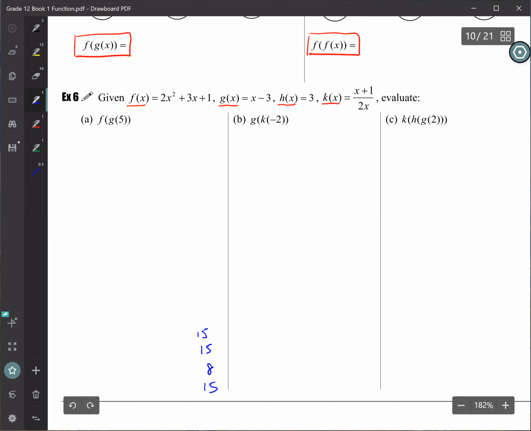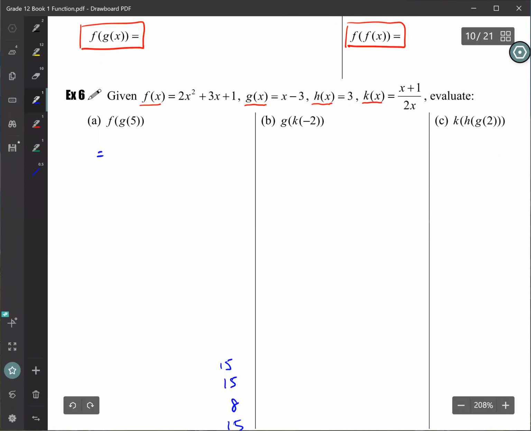So let's see, okay? We start with 5, right? 5 will go into the G first. So we can do it on the side. G of 5, so 5 minus 3, that will give you 2. So this is how you will show the work. First step, you figure out the inside, okay?